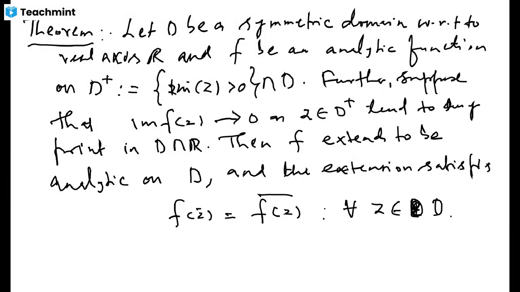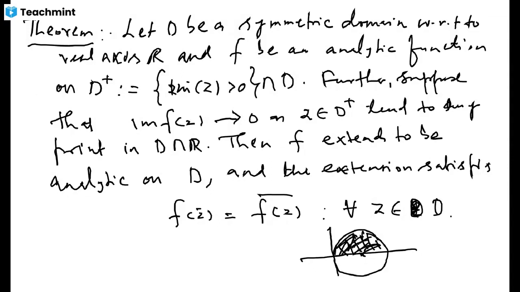You see, you have an analytic function on exactly half of the domain. Indeed, you might take a disk as well. A disk is also symmetric, with center on the real axis. You have a function which is defined only on half of this domain.